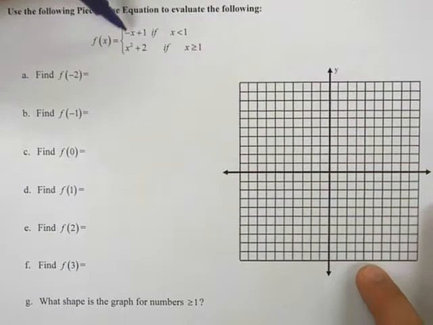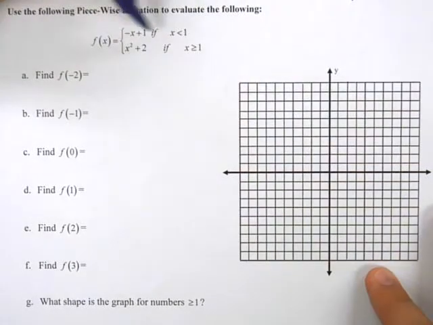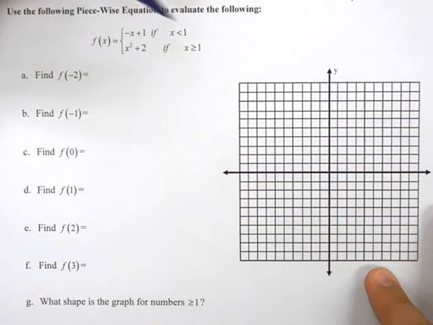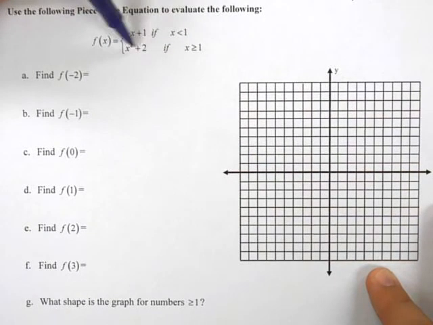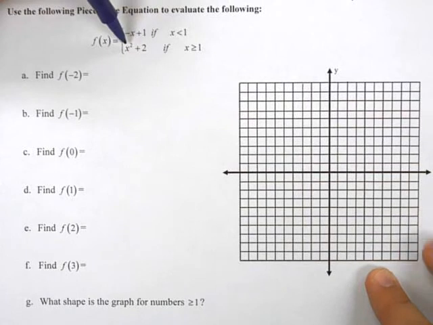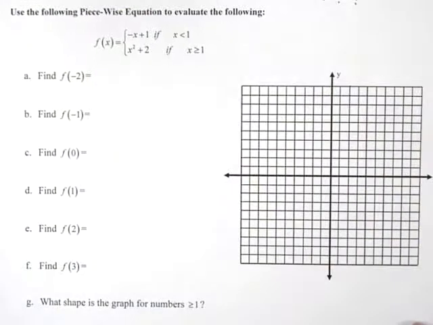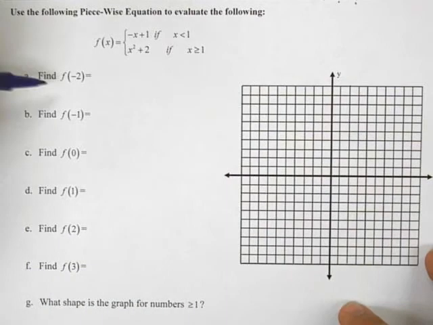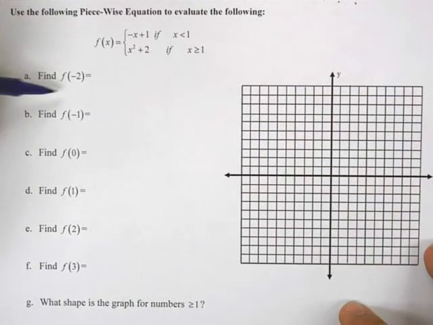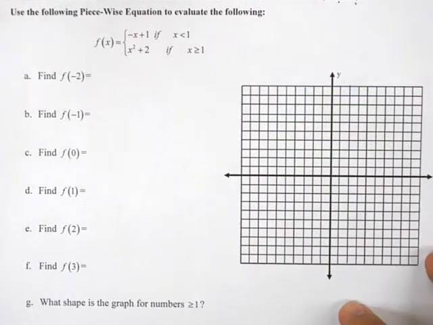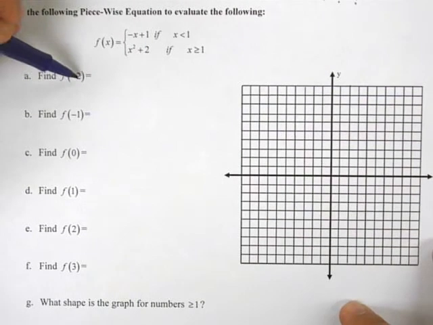What do we see here? Well, if x is going to be less than 1, well, then it takes this shape, or this function. And then if x is greater than 1, it takes this shape, or this function. Alright? So that is really important, one, when you're graphing, but even two, when we try to find some of these values, find the outputs. For example, if I want to find f of negative 2, well, we have to realize negative 2 is what?